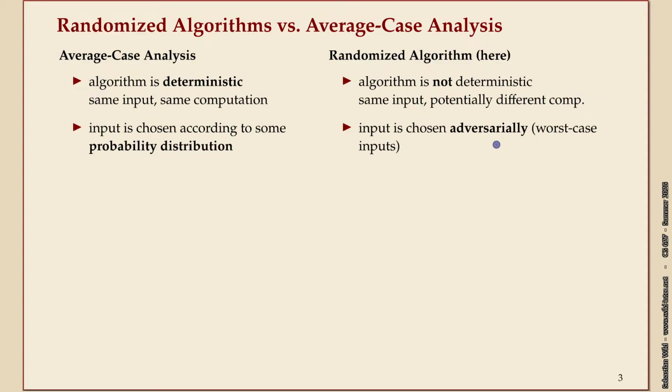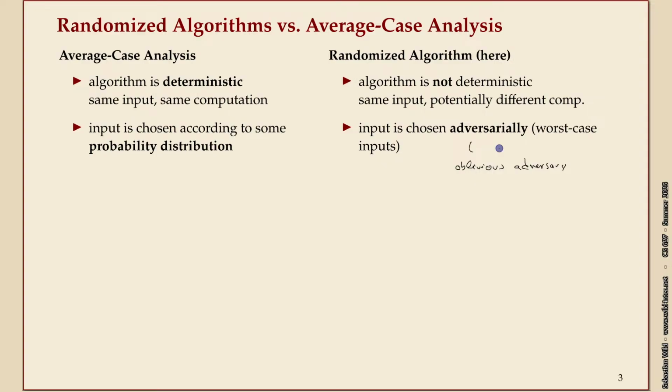And I guess it might be useful to say here explicitly, because that term is also used sometimes, that the adversary we imagine here is oblivious to our random bits. The person choosing the worst case input doesn't know what random bits we have. It's kind of logical because they're random, right? So how could they know them?